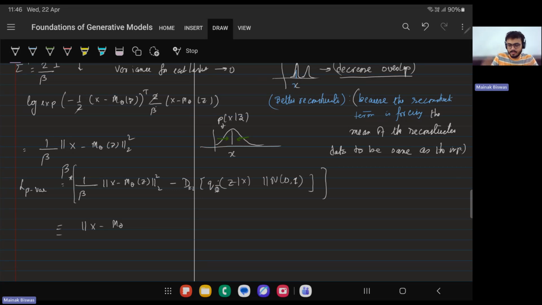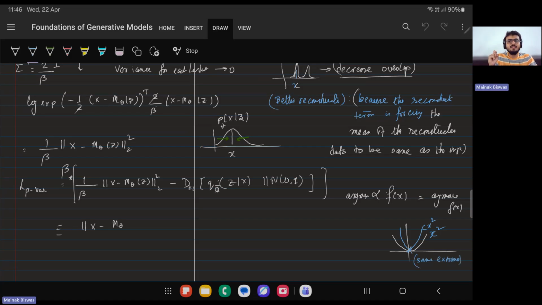We have discussed before that a constant times f(x) has the same argmax as f(x). For example, c times x squared and x squared will have the same minima and the same extrema.